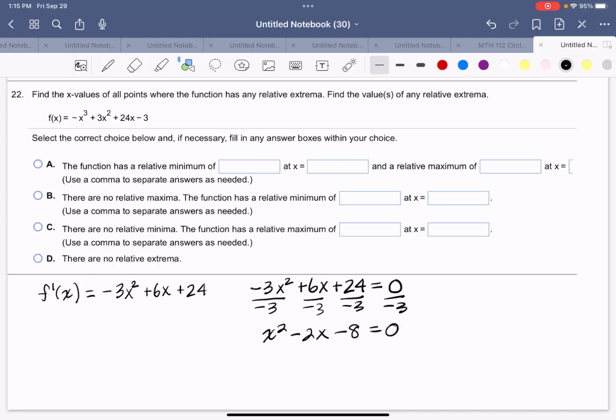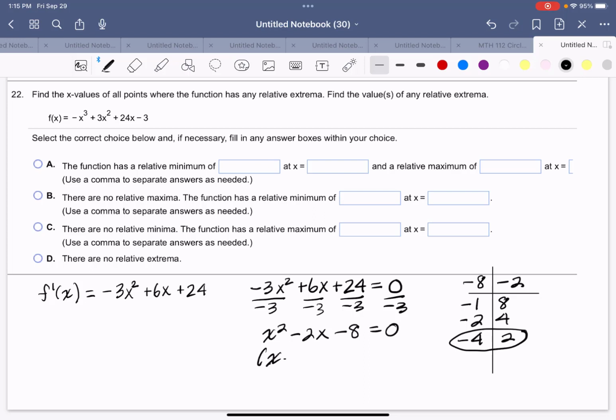I need the factors of negative 8 that will give me a negative 2. So that's going to have to be a negative 1 times 8, but that's not a negative 2. A negative 2 times 4, but that adds to positive 2. A negative 4 times 2 is what I'm looking for.